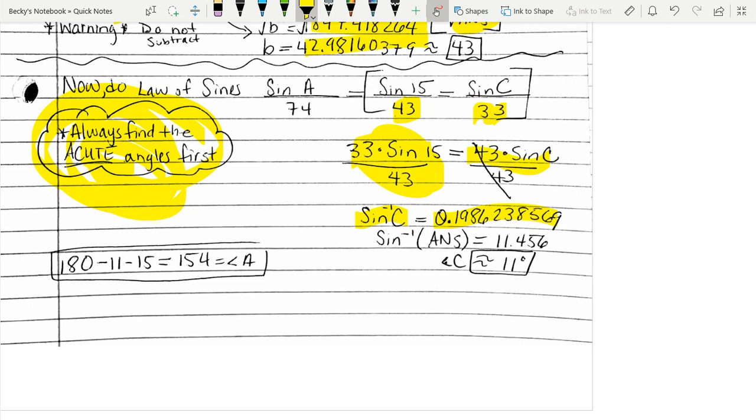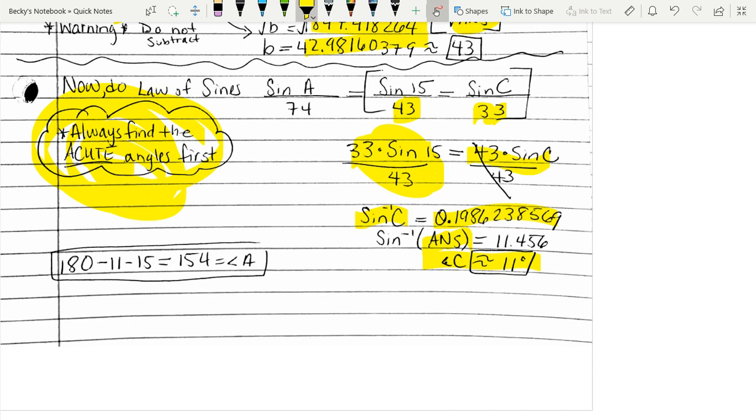So again, let's use this ANS button. You're going to do the inverse of sine, so you push the second button and then sine. Then you find the ANS button or type in that huge decimal and hit enter. Rounding to the nearest degree, that's 11.